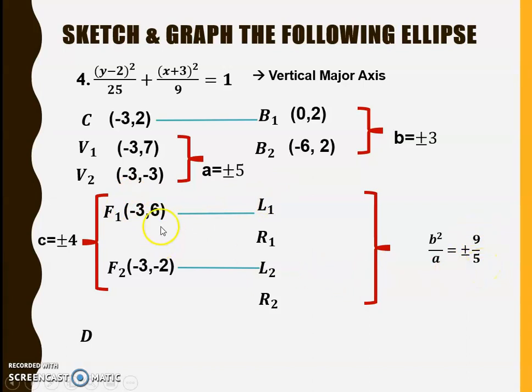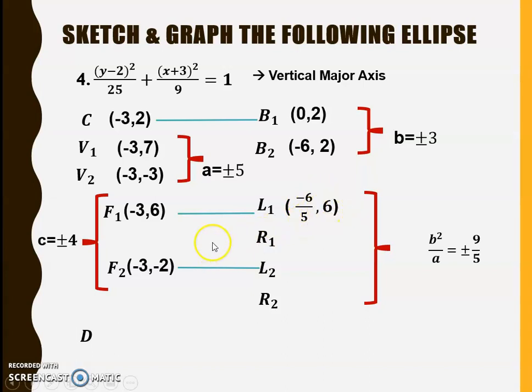Then copy the y's for latus rectum 1 and latus rectum 2. Negative 3 plus 9 over 5, that will be negative 15 plus 9, that will be negative 6 over 5. Then copy the y value.